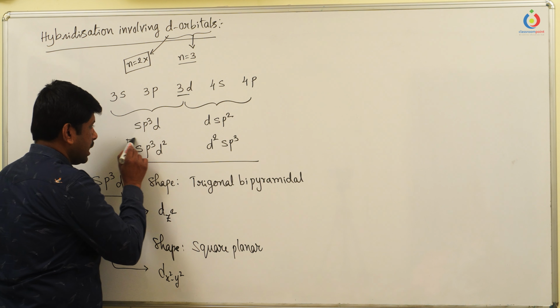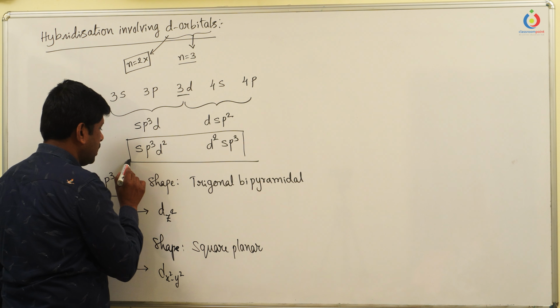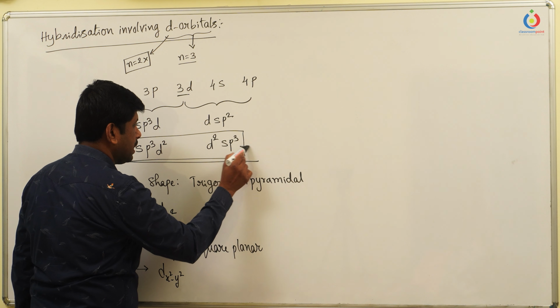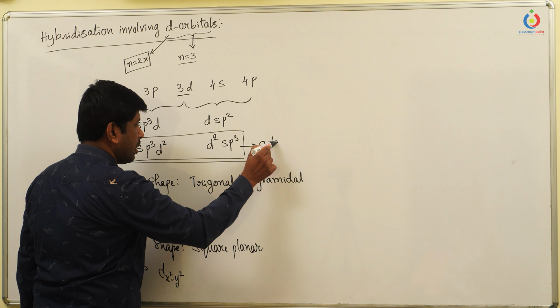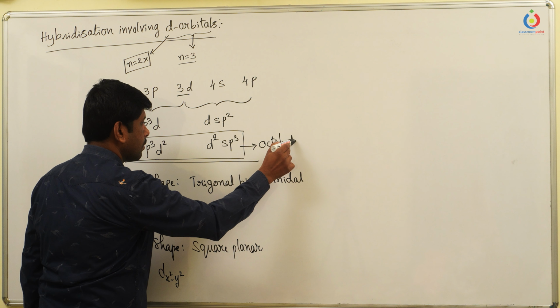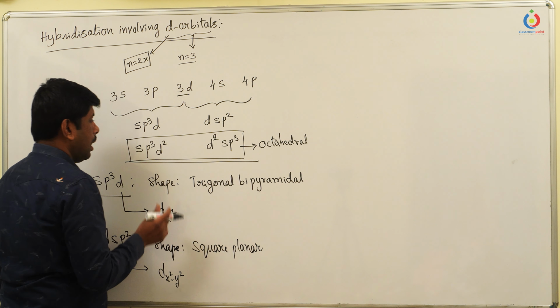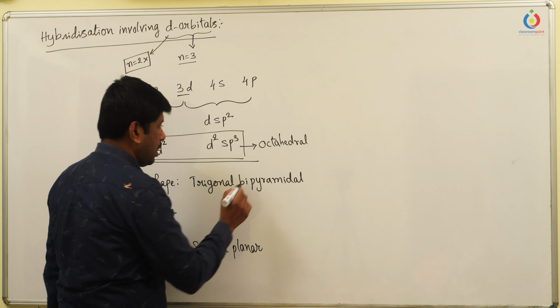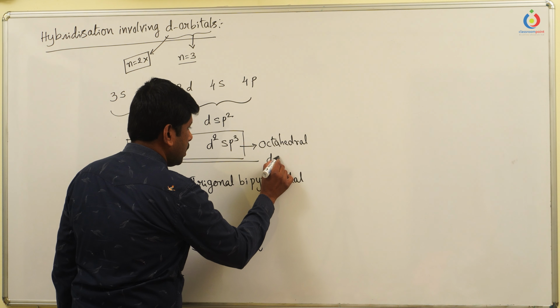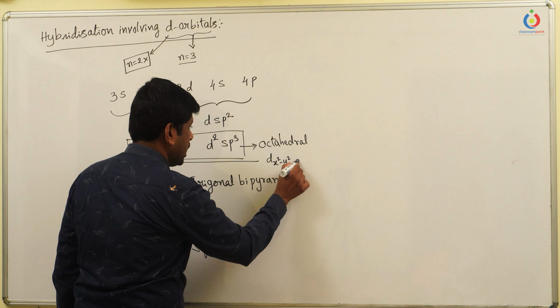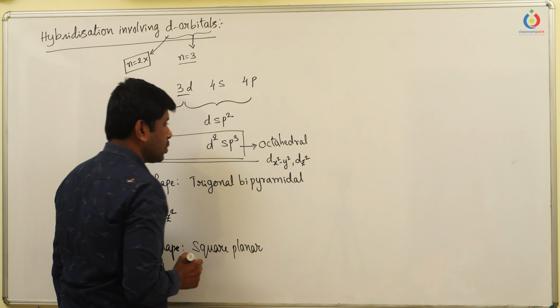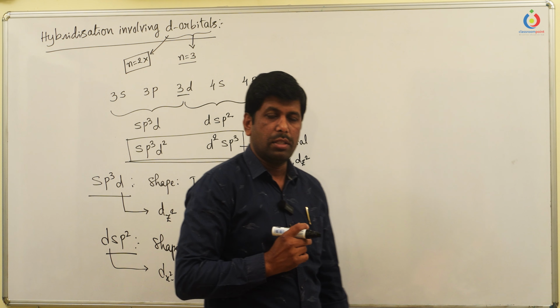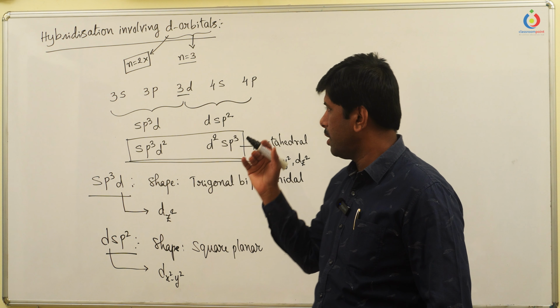And in both of these cases, whether it is sp3d2 or d2sp3, the shape is octahedral, and the d orbitals participating in this intermixing process are both dx square minus y square as well as dz square orbitals. Now let us pick up the two examples regarding this one.